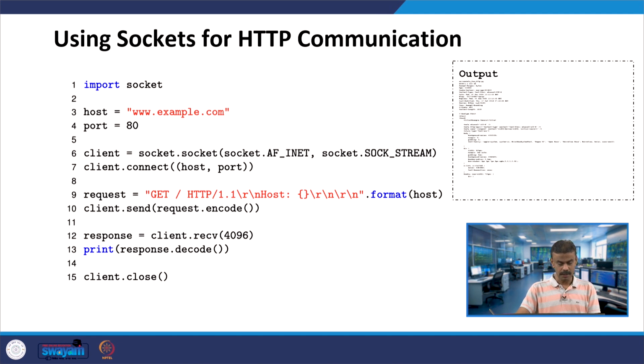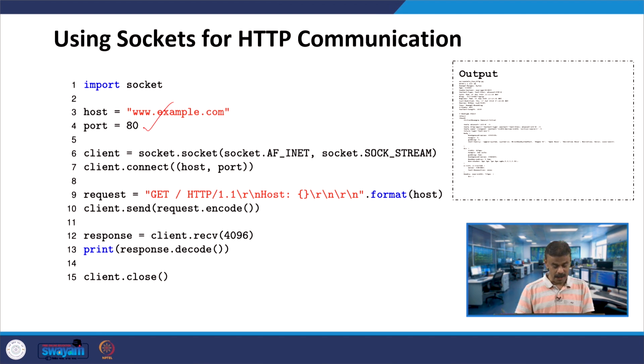This is the host name, or domain name, where we are connecting to. Port is equal to 80, line number 4. This is specifying the port number. Port 80 is the standard port for HTTP traffic.